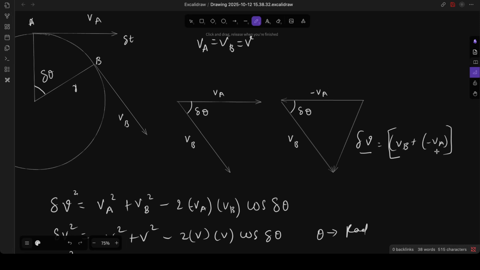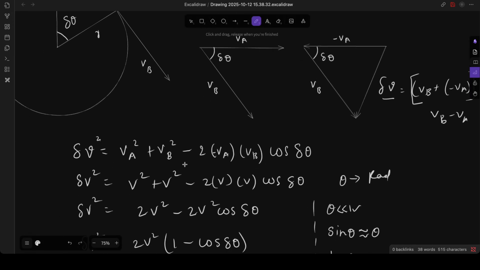So VB plus minus VA is nothing but VB minus VA. That is nothing but change in velocity, any final minus initial. So with the help of vectors, I figured out delta V is your change in velocity.